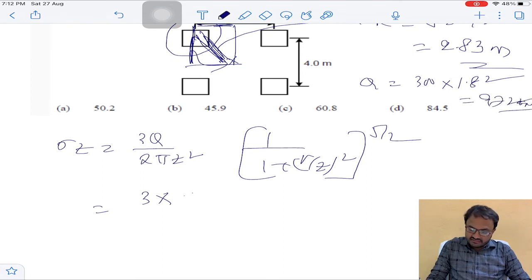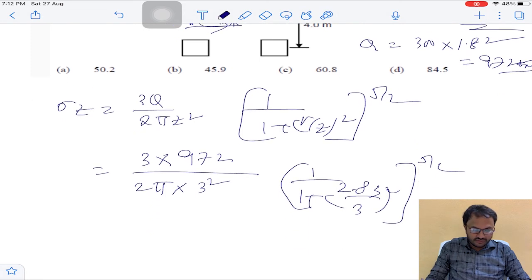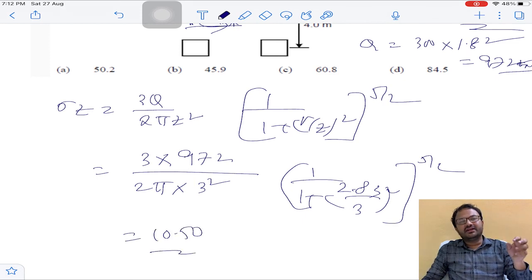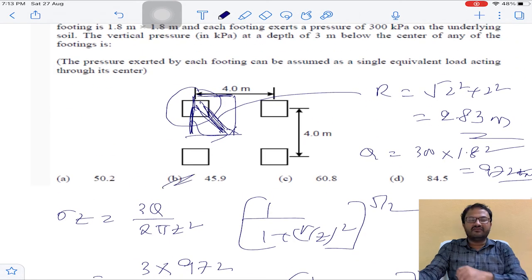So 3 into 972 is the point load. 2 pi z square, at depth 3 meters, into 1 by 1 plus (R by z, 2.83 divided by z equal to 3) whole square, whole power 5 by 2. So that is equal to 10.50. Because of one footing the effect is 10.50. Now there are 4 footings. Into 4, you will get approximately 42. So the nearest value is 45. Answer B for question number 8.